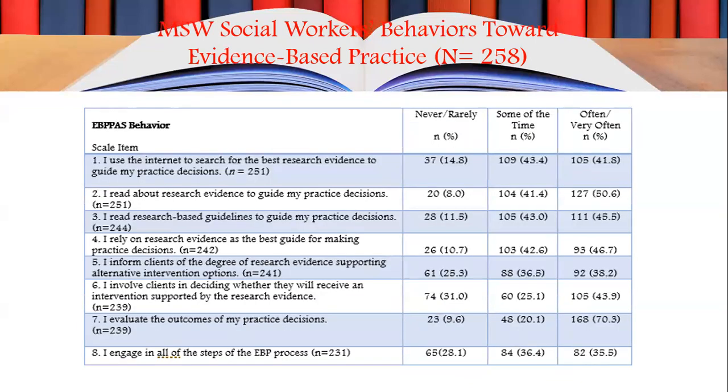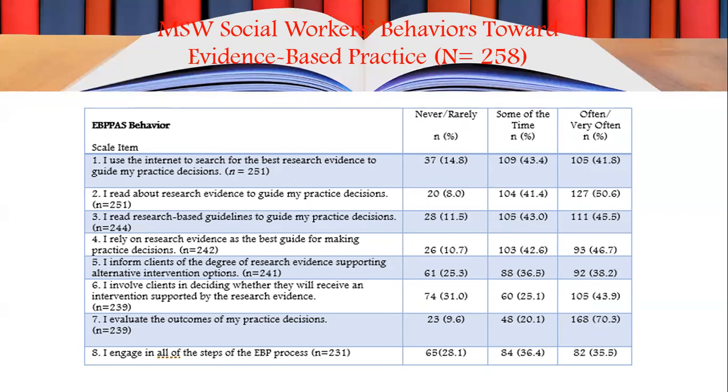So then we look at actual behaviors, because there's a difference between one's attitude towards something and what they actually do, okay? Some of the behaviors that we looked at were, I use the internet to search for the best research evidence to guide my practice, or I read about research evidence to guide my practice decisions, okay?